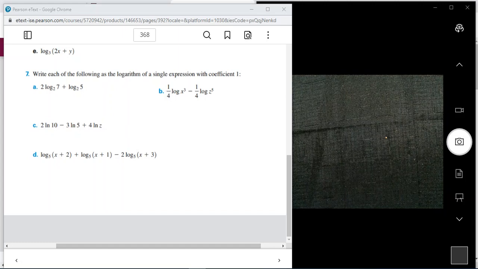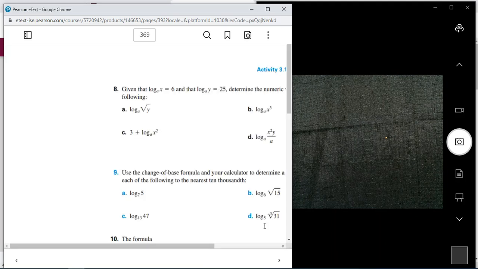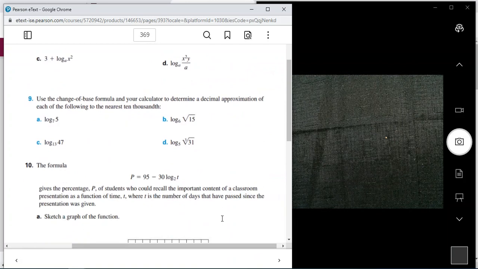All right. And problem number 9 is on the next page. All right, so with problem number 9, they want us to do what is called the change of base formula. It says use the change of base formula and your calculator to determine a decimal approximation of each of the following to the nearest 10,000th.